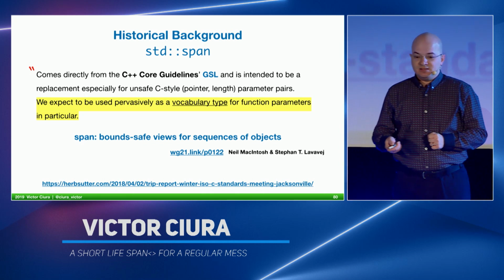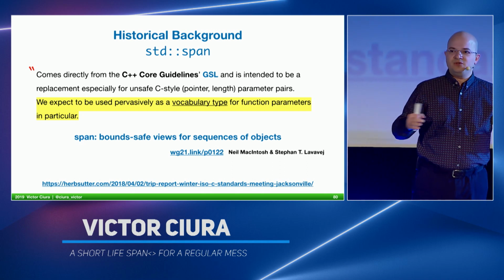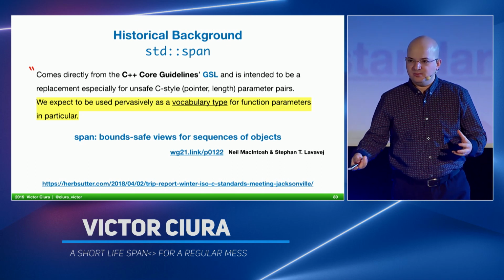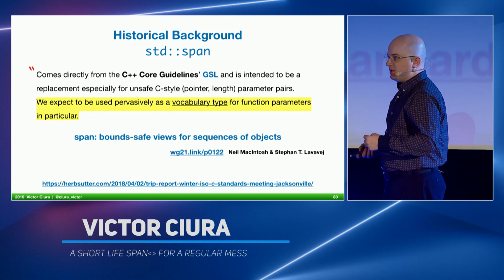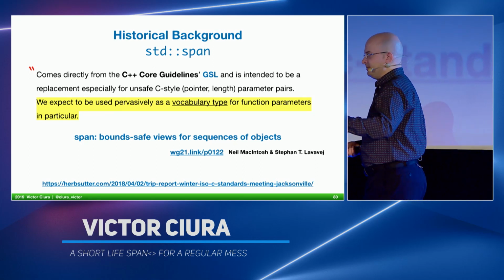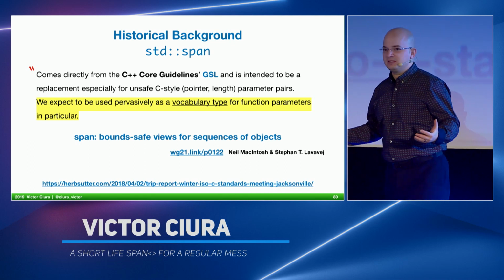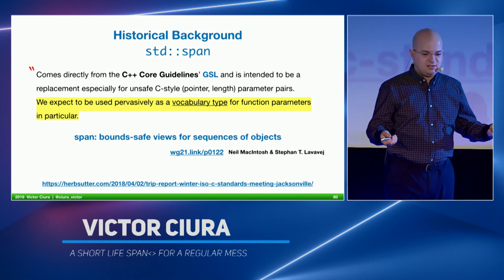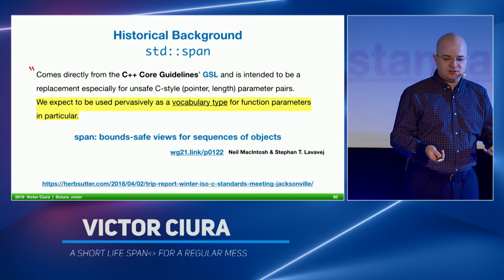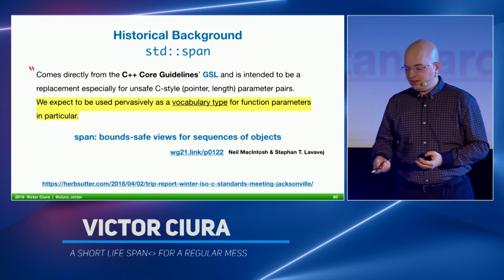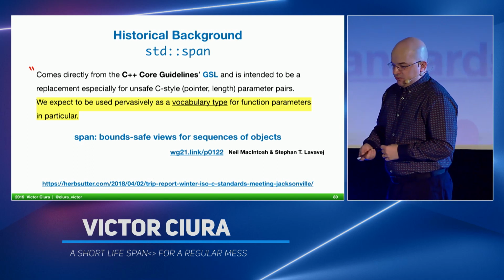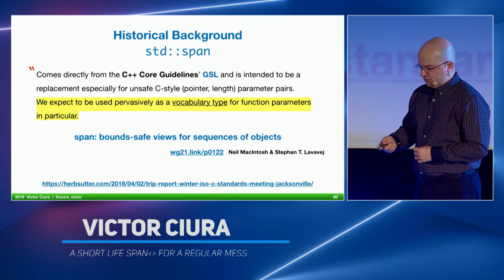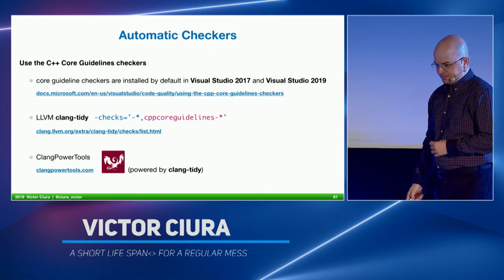So its intent is to see this everywhere you used to see pointer and length kind of things. So this is why we need to be careful, because if we start sprinkling span all over the place, and we don't know the gotchas and how to use it, then we're going to have surprises, because it's not really bounds checked. So I have a link there to the original paper.